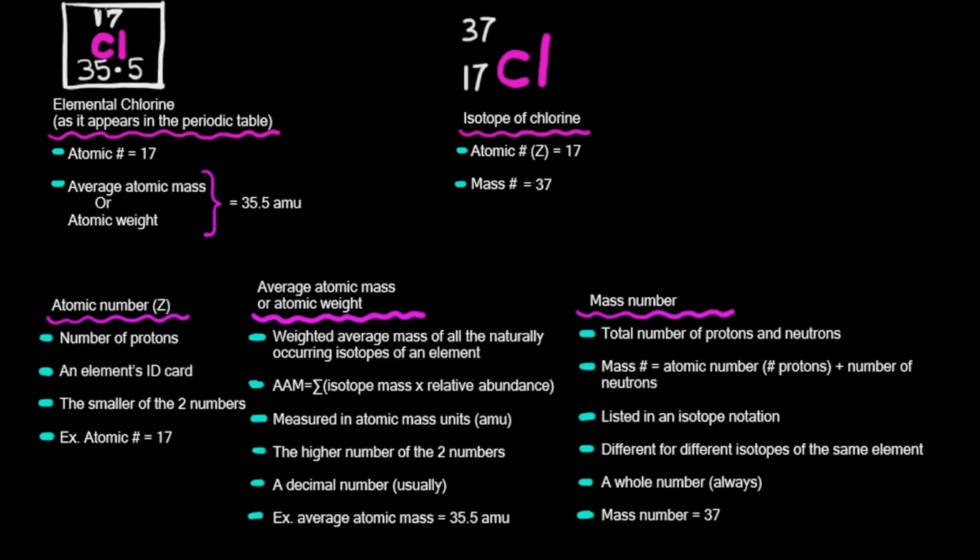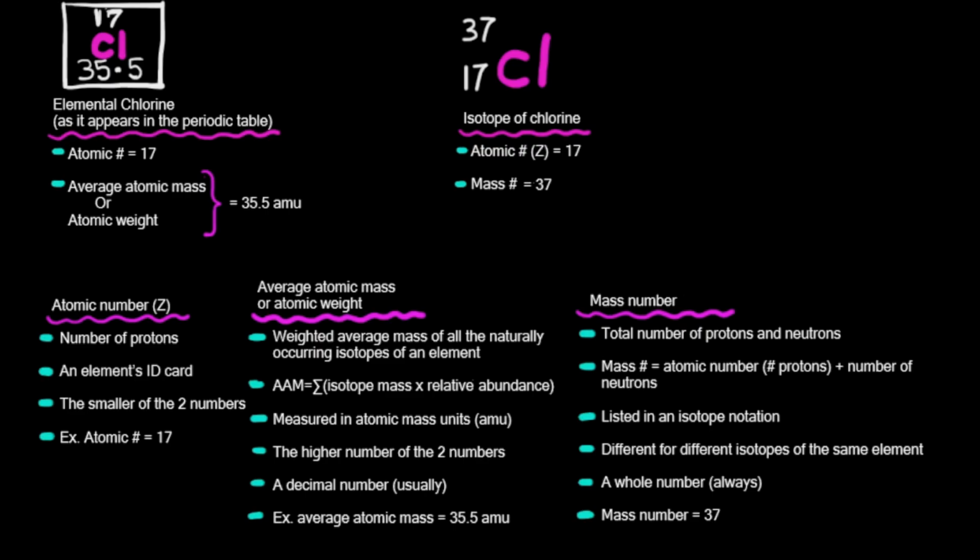Next, we will explain the average atomic mass, which is sometimes called the atomic weight. The average atomic mass is the weighted average of the actual isotopic masses of all the naturally occurring isotopes of an element. The equation for the average atomic mass is equal to the sum of the isotope mass times the relative abundance.